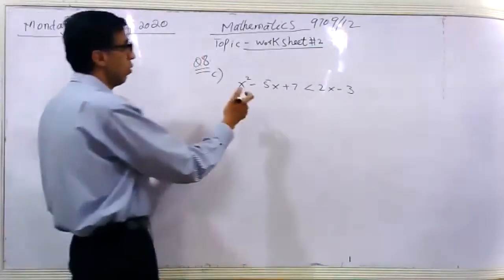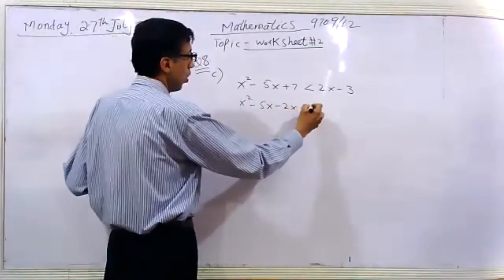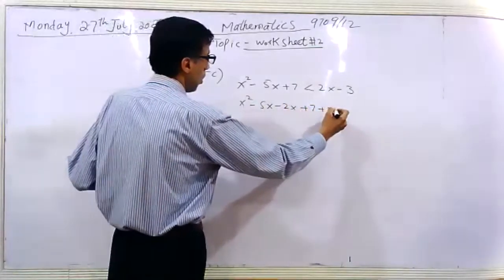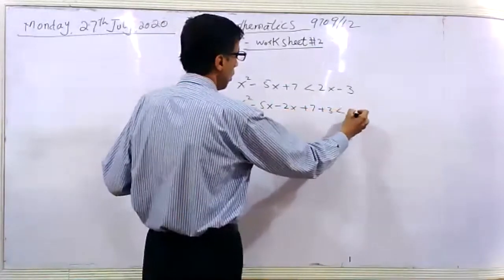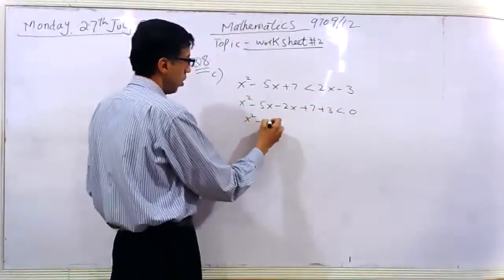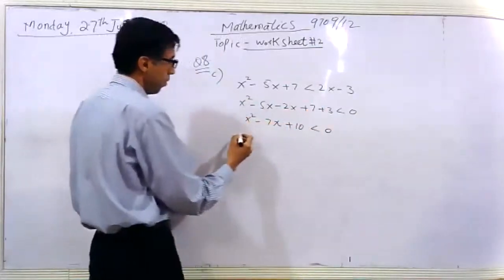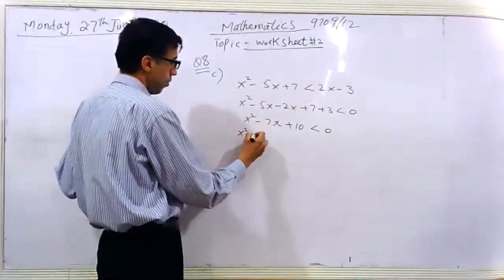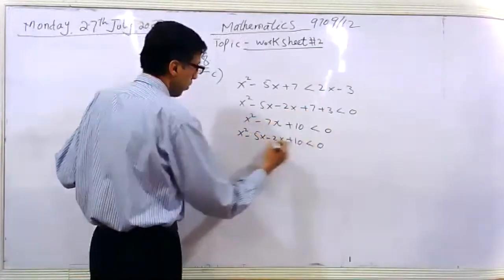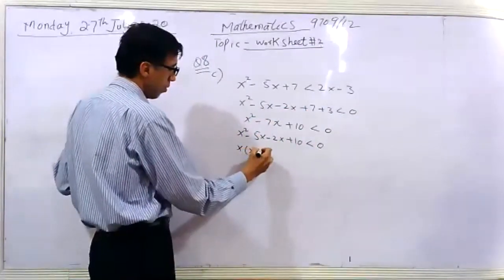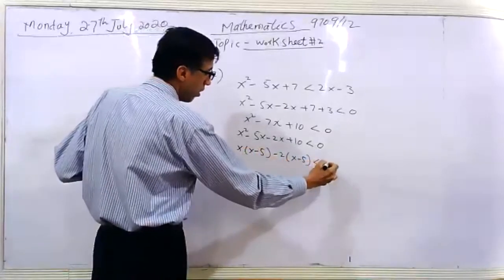Now you have to solve this inequality by using the completing the square method.